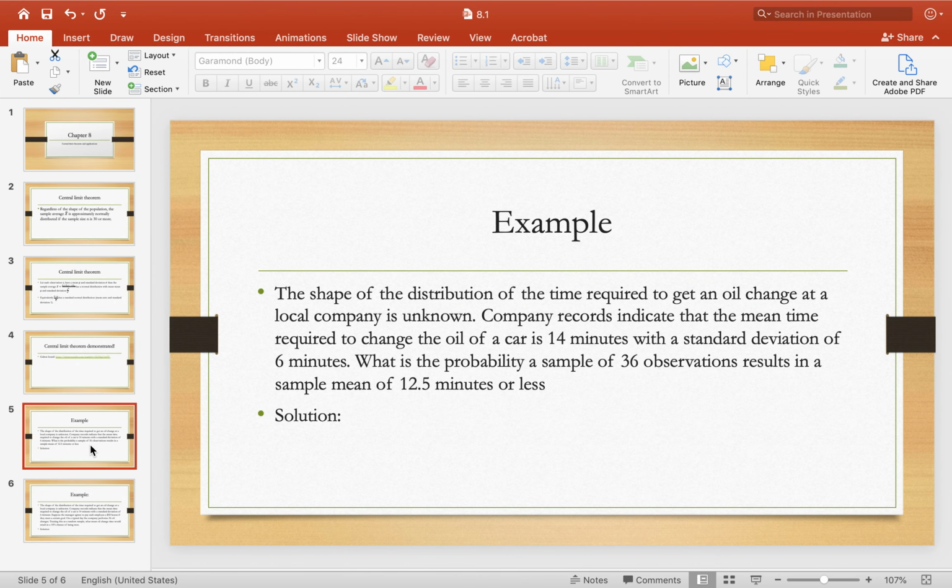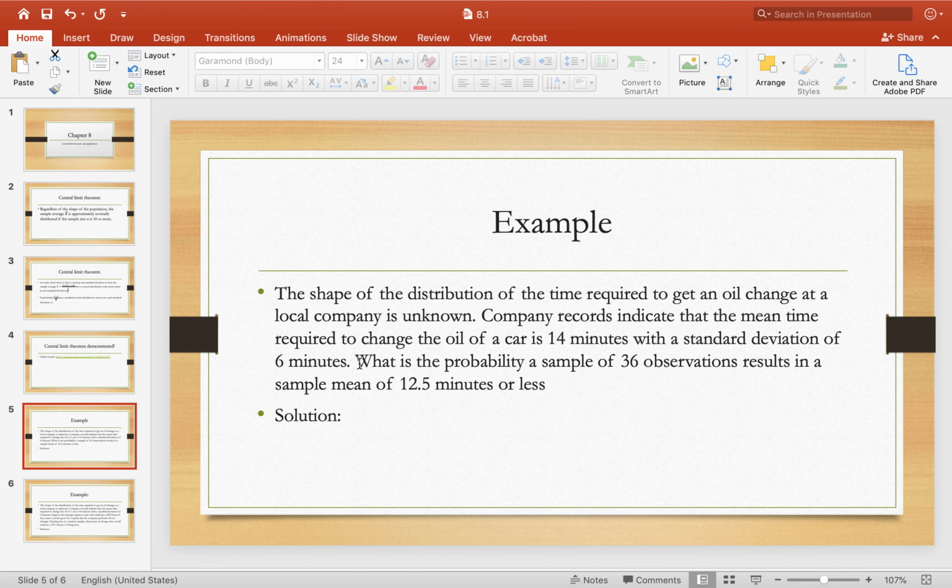Okay. And here's an example problem. It says the shape of the distribution of the time required to get an oil change at a local company is unknown. Okay, central limit theorem doesn't care about the distribution of the individual observations, but it says company records indicate that the mean time required to change an oil of a car is 14 minutes and a standard deviation of 6 minutes.